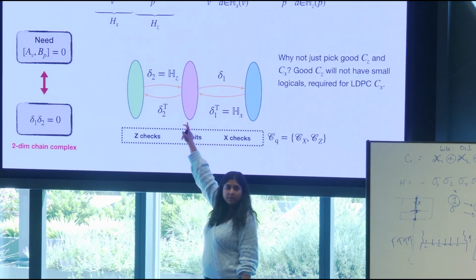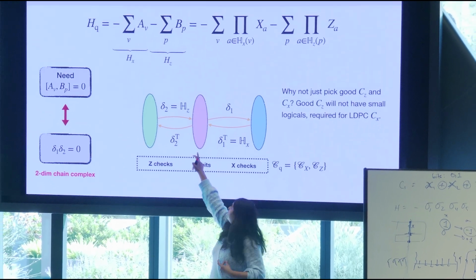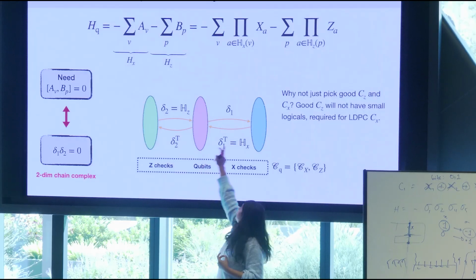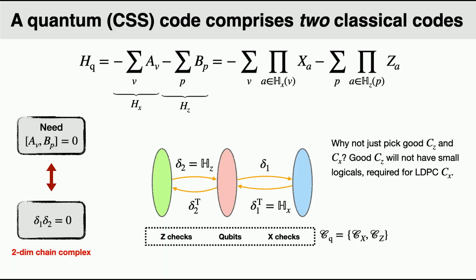And the delta 1 is saying, if you act on those qubits, which X checks are triggered? And you want no X checks to be triggered. So you need the maps to have this composition property, and sequences of vector spaces which have this composition property are called chain complexes.